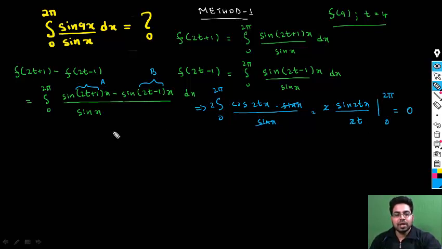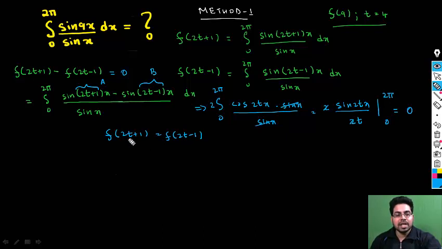So from here what I concluded is that this expression is equal to 0, which means f of 2t plus 1 is equal to f of 2t minus 1.